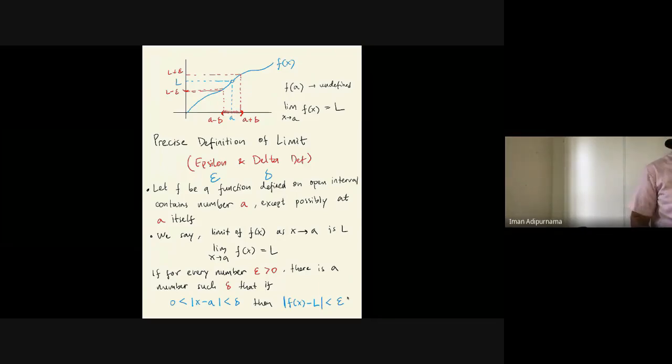I will show you some illustration and how to solve problems. Usually a problem within this precise definition of limit is to show or to prove whether you can get the epsilon and delta relations or not. Usually the function is not really that high level, just linear or quadratic, but you need to understand the logic behind the process.